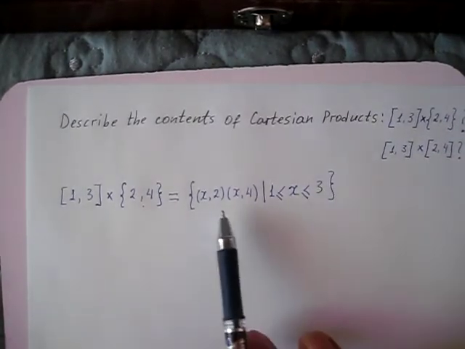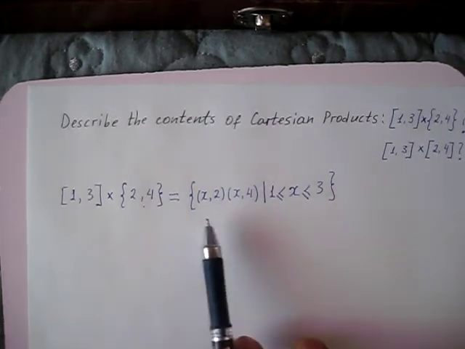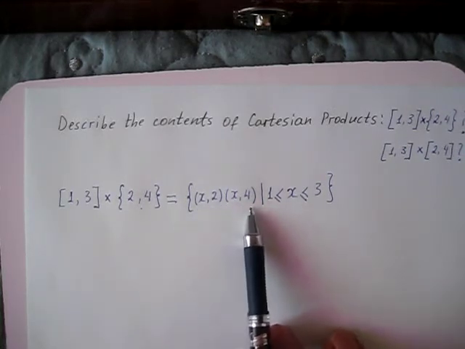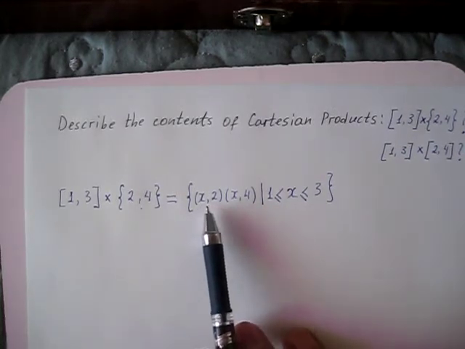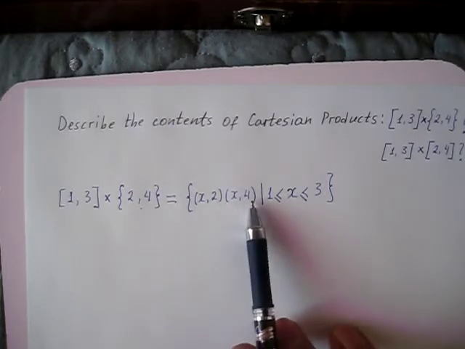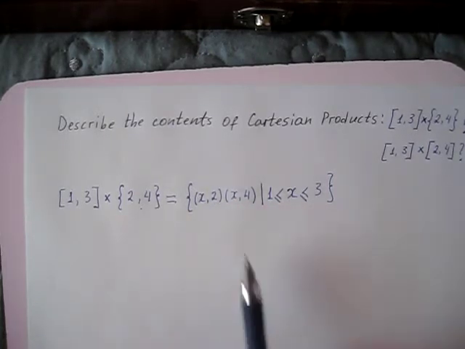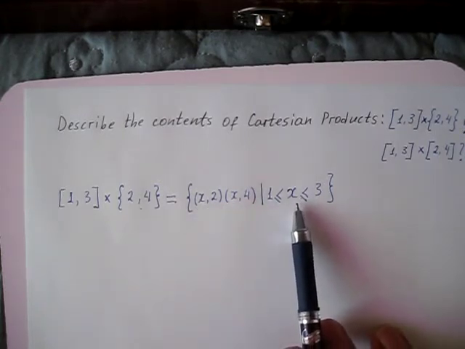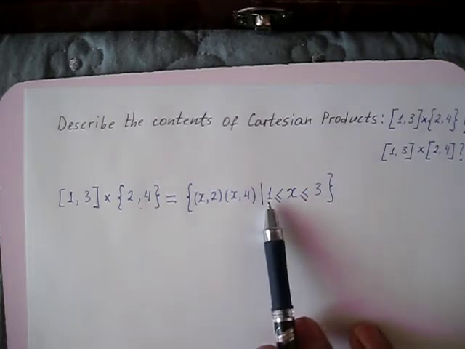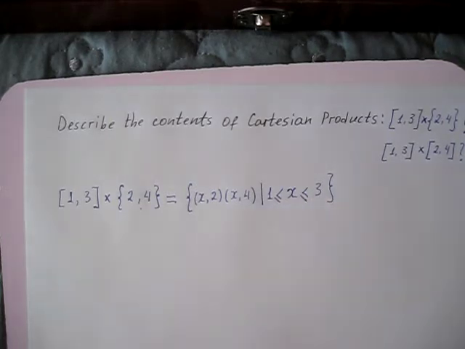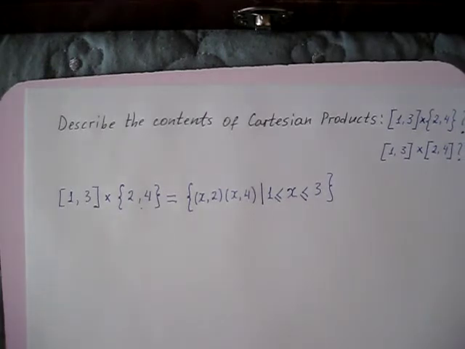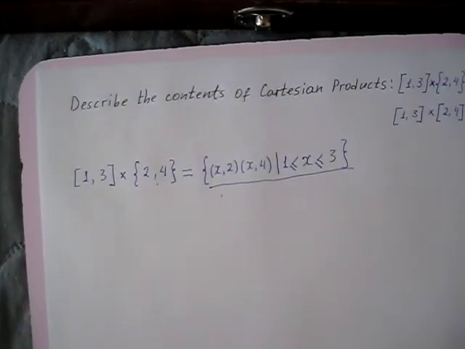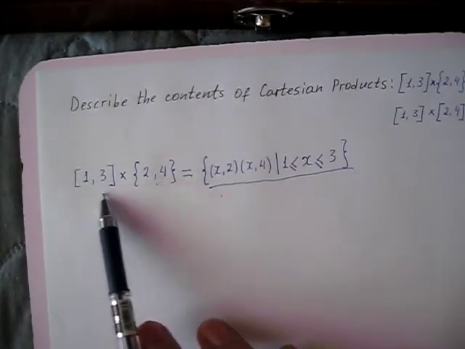So we have the set of ordered pairs (x, 2) and (x, 4). The y components will be either 2 or 4, but our x components can be any number between these two numbers, and these two numbers are included, 1 and 3. So this is the description of this cross product.